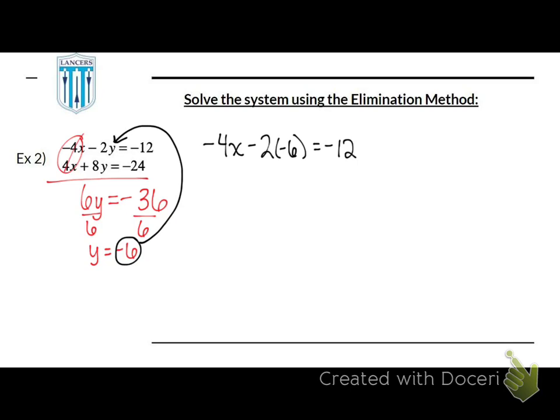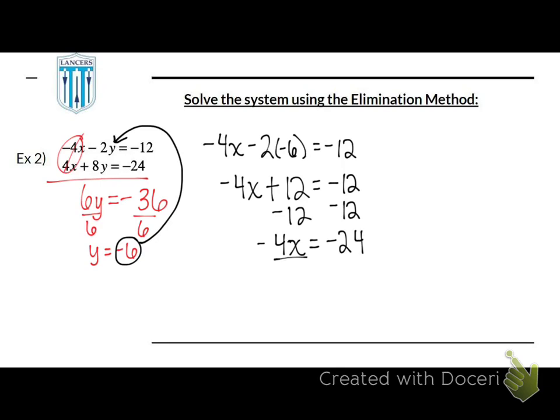This time when we simplify, we've got to watch our signs. A negative 2 times a negative 6 is a positive 12. To get x alone, we should subtract and then divide. Good.